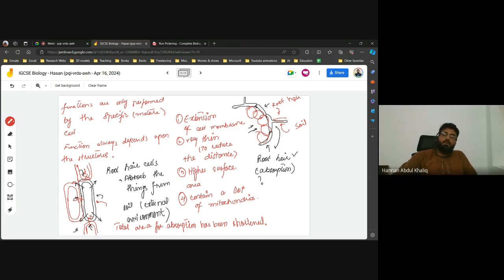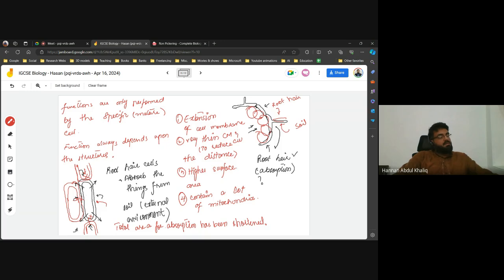So this was only about the root hair cell. Number one, extended cell membrane. Number two, very thin cell membrane and cell wall to reduce the distance. Higher surface area containing a lot of mitochondria.